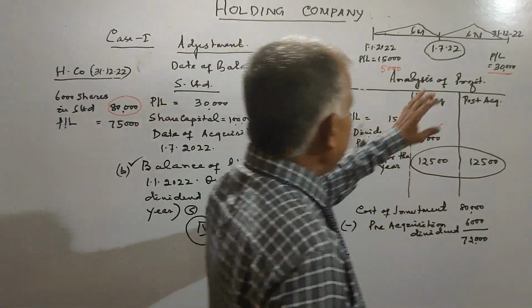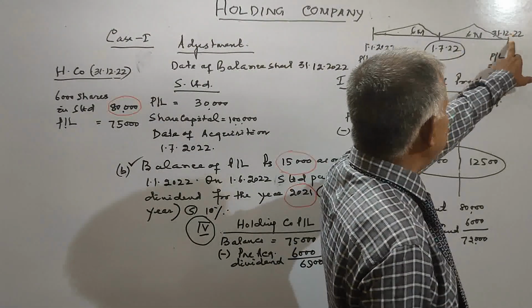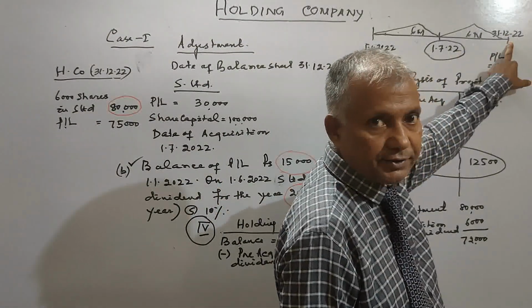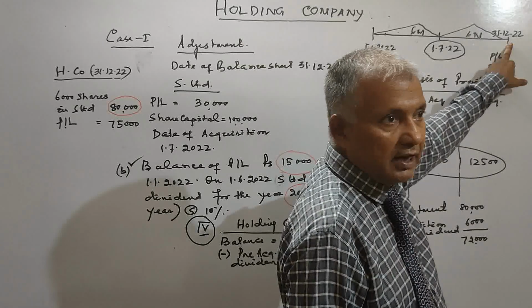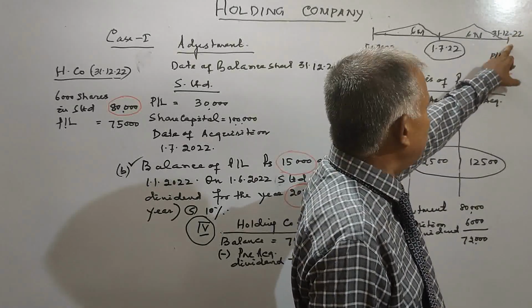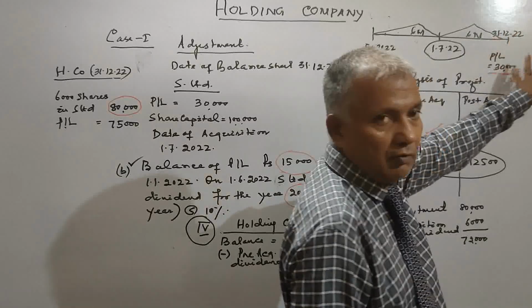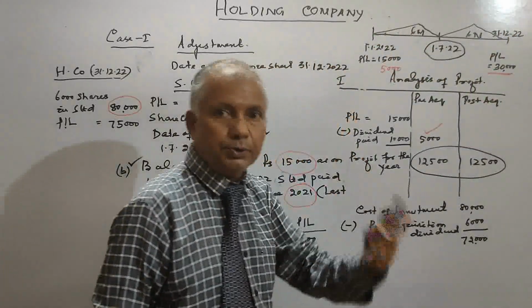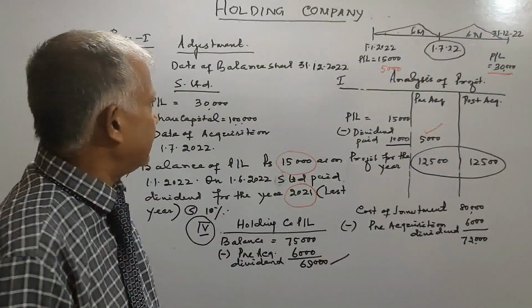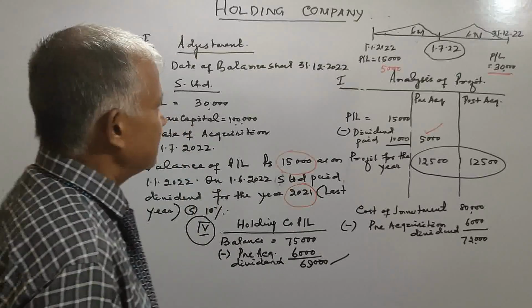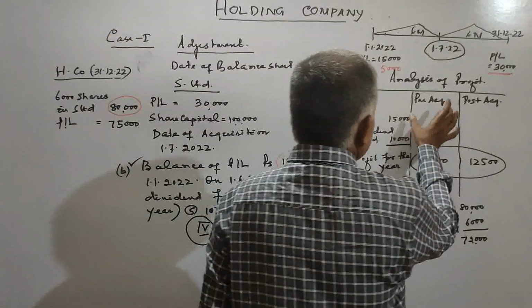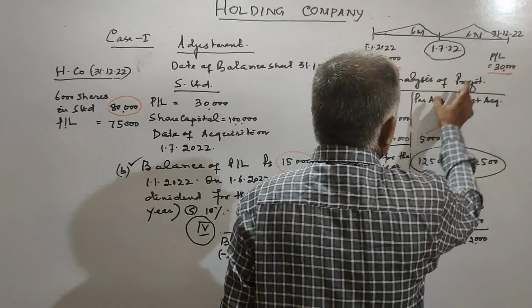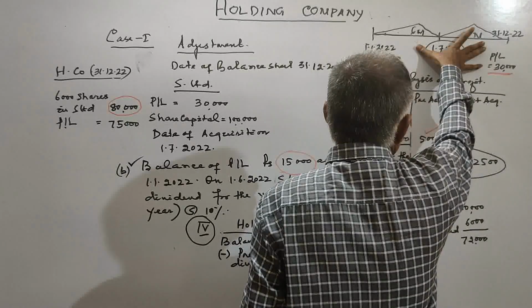Similarly, if we take the acquisition to the last date, the date of acquisition will be 31/12/2022, that is the last day. In such case, friends, you will see the pre-acquisition period is 12 months.